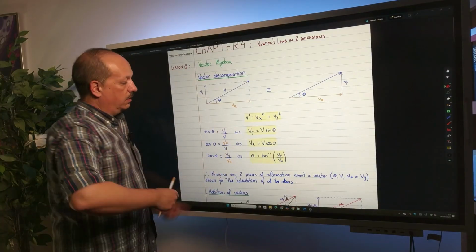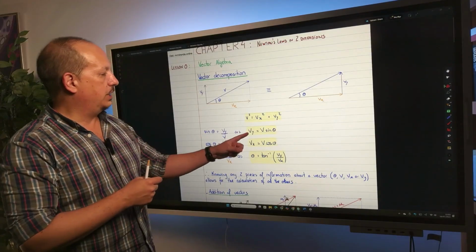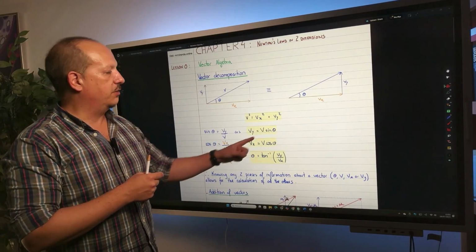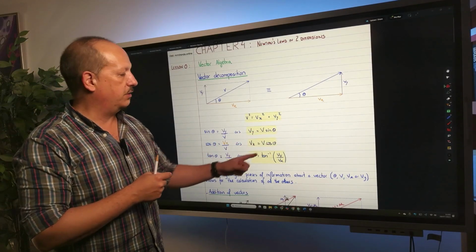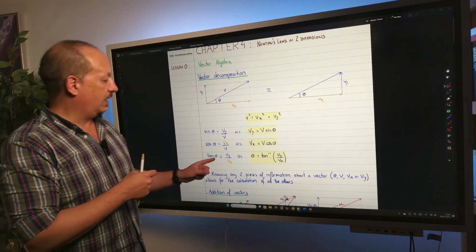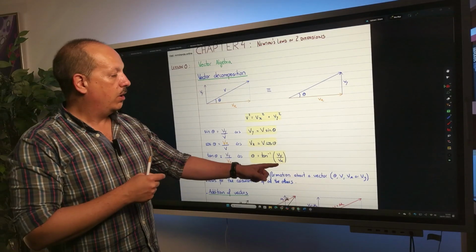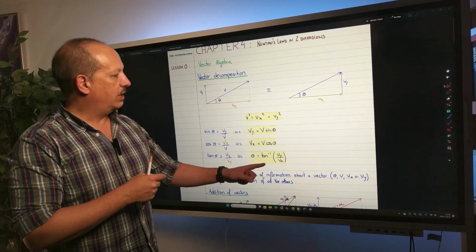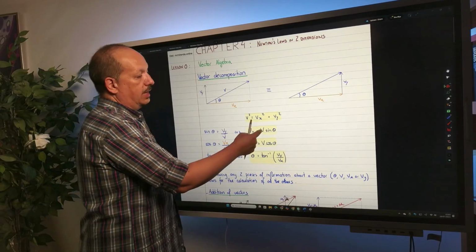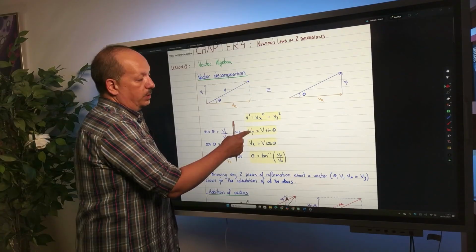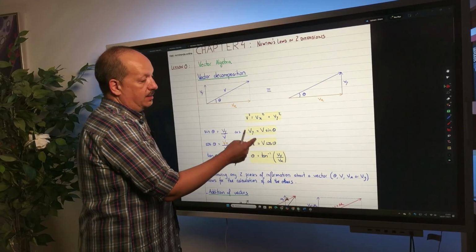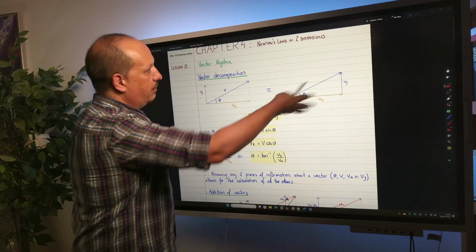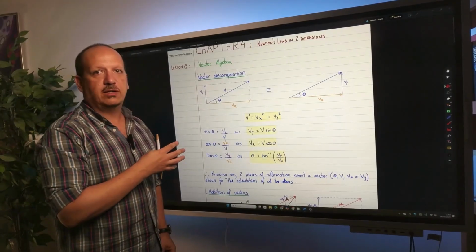Just rearranging this formula, you know that Vy is going to be V sine of theta, Vx is going to be V cosine of theta, and theta itself is going to be the tan negative 1 of Vy over Vx, right? So if you know the angle and the hypotenuse, you can get this one. With this one, you can get everything else that you know about the triangle, right?